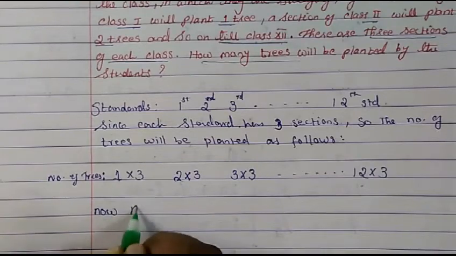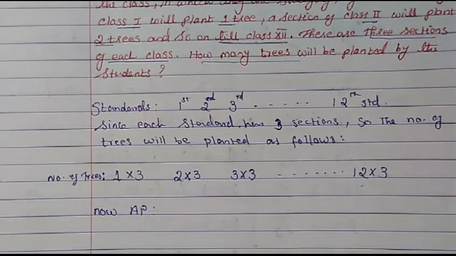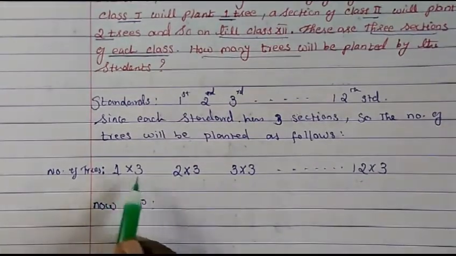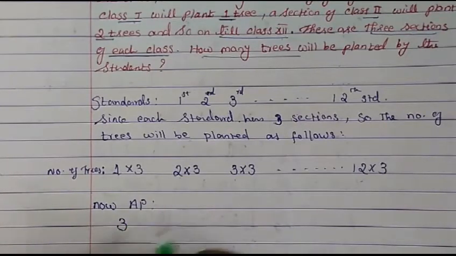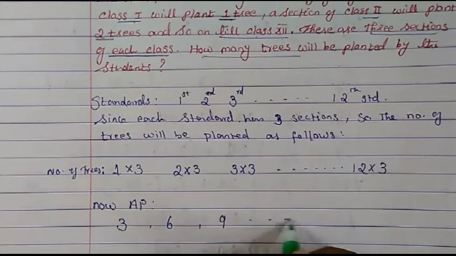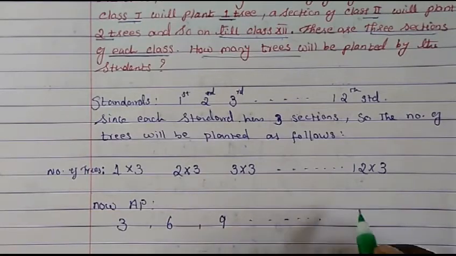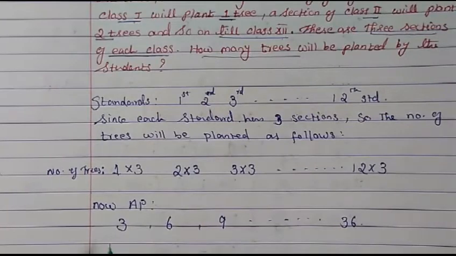So the AP that we have will be 1 3s are 3, 2 3s are 6, 3 3s are 9, dash dash, 12 3s are 36. So this forms an AP.